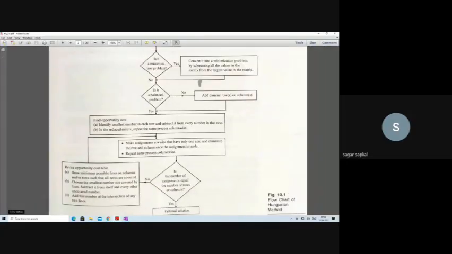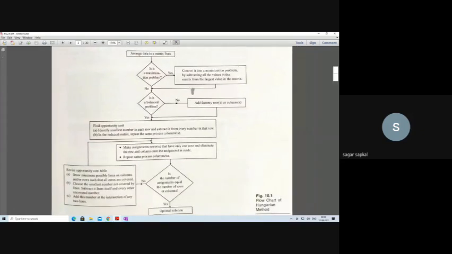Okay, so this is the flow chart for solving this problem. Now whatever data is given to you, you have to convert it into matrix form. Matrix form means what? Which we have already done in the transportation problem.